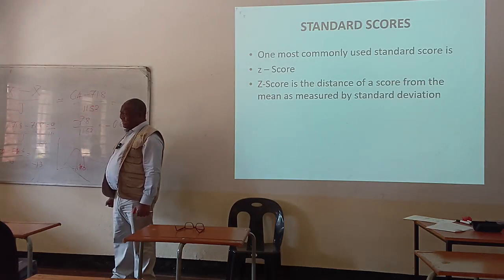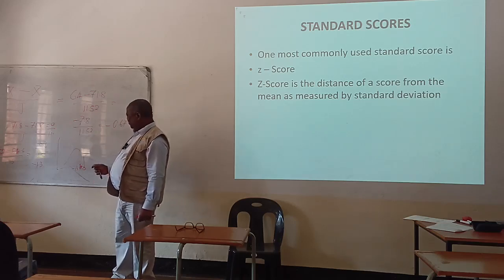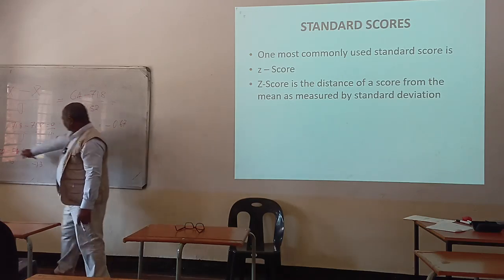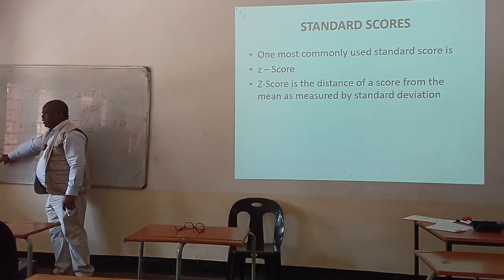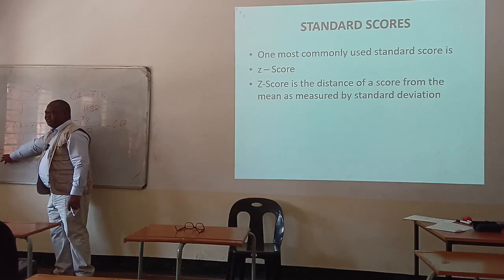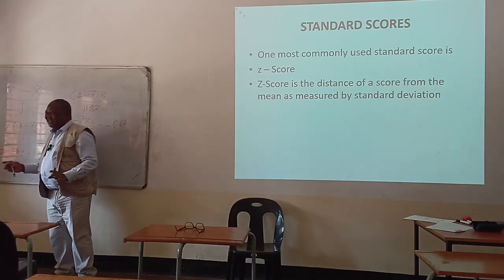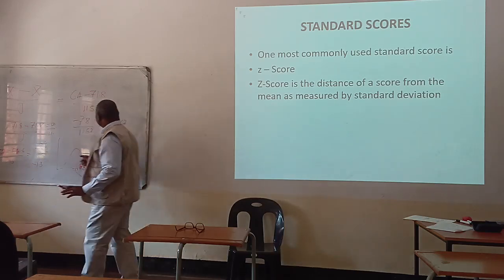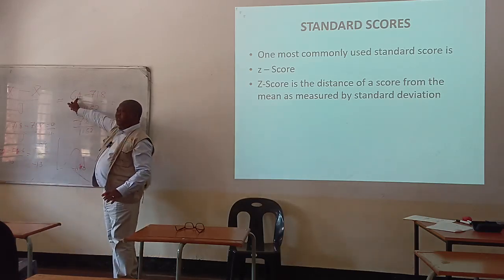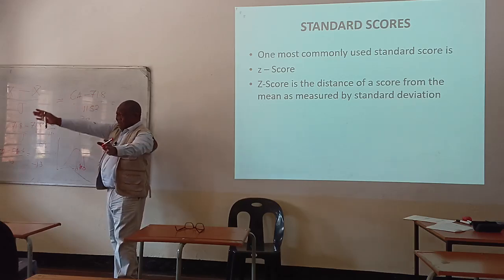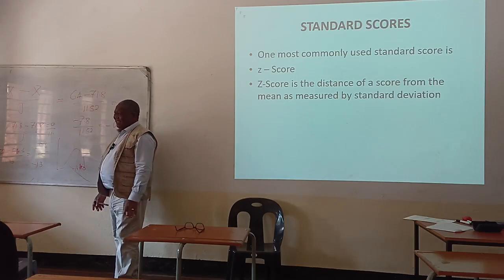Does that make sense? Okay. Let's assume that this score was for student A in mathematics, but this same student A got this score in physical science in the same class.